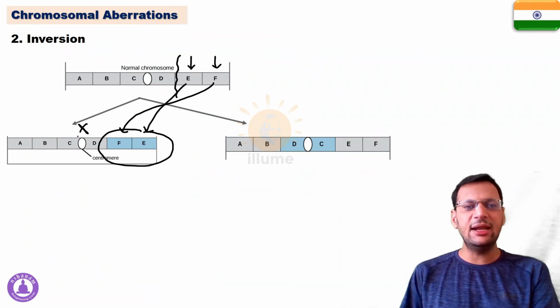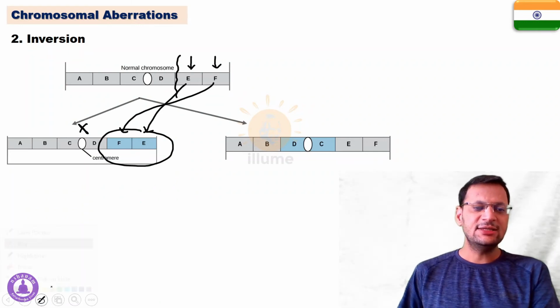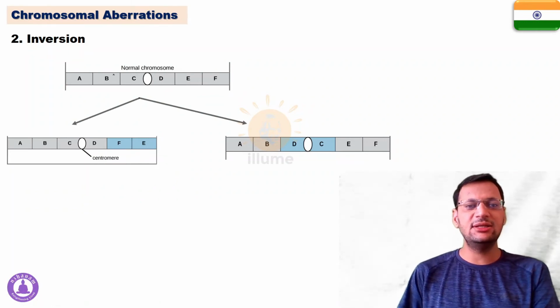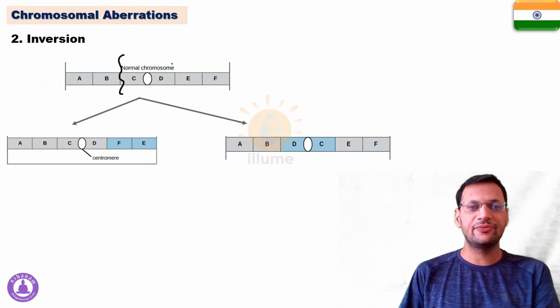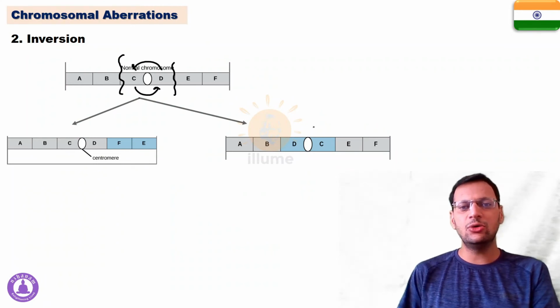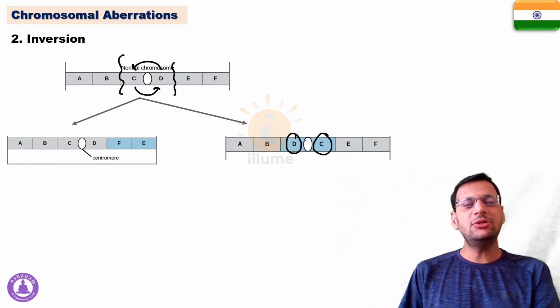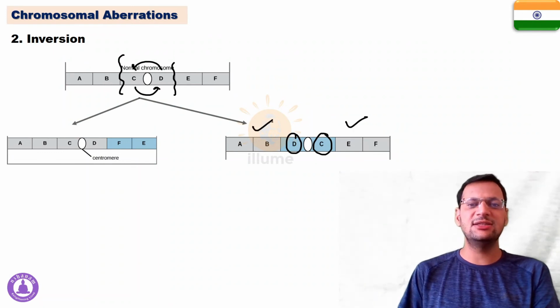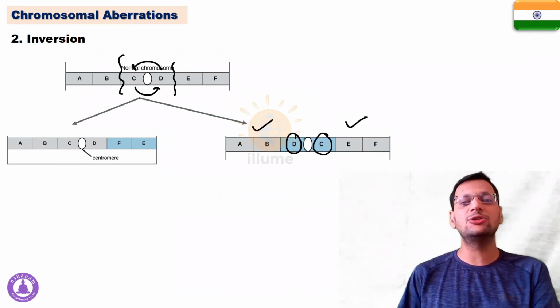But in the second case, as you can see, there is a split at this part and it got inverted like this. So D came over here and C came over here. This kind of inversion is involving both the arms, and is also involving the centromere.